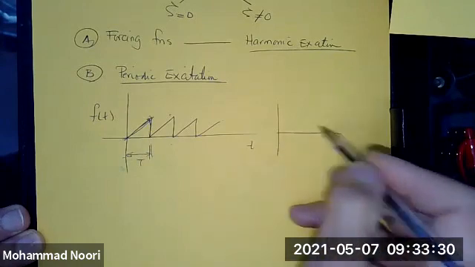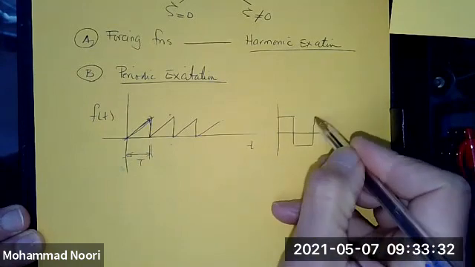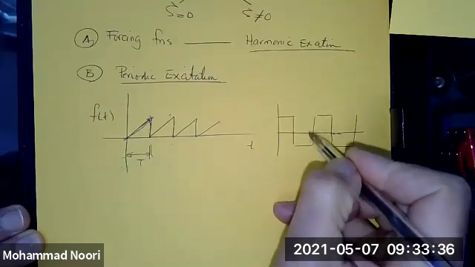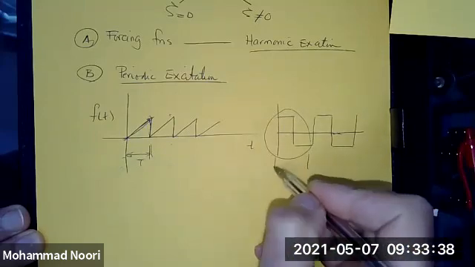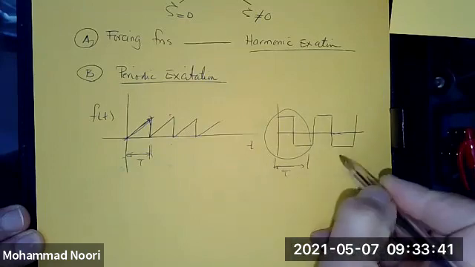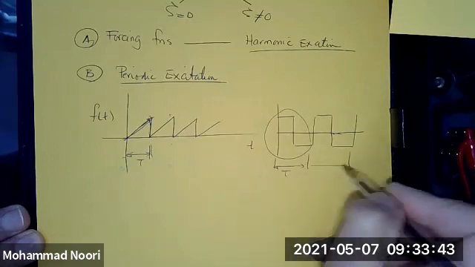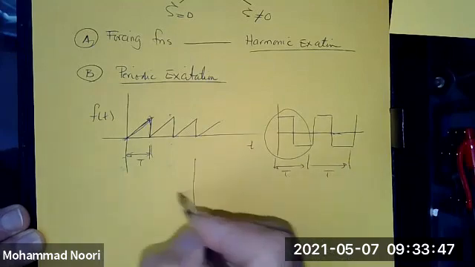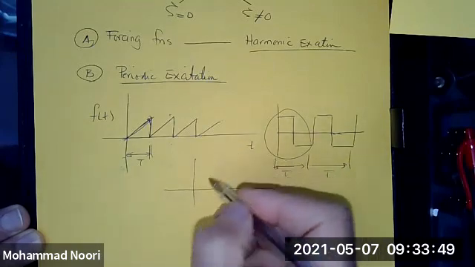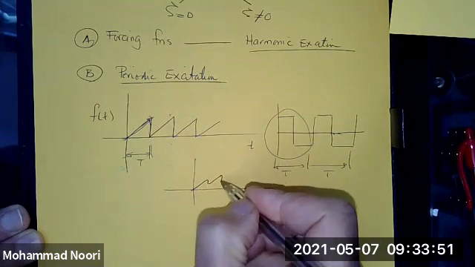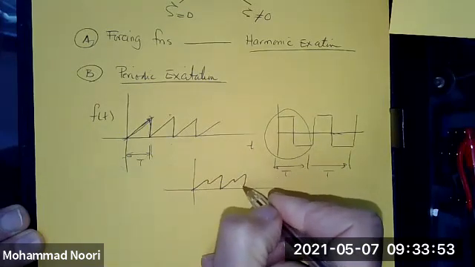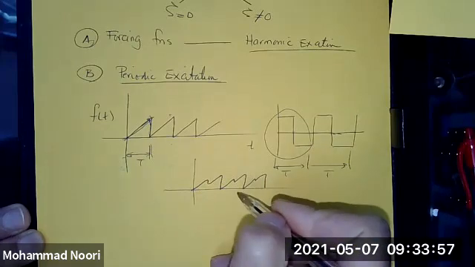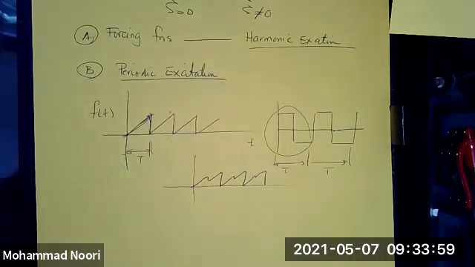Or you may have a function like this, which again repeats itself after each period. This is one period, right? But it is not harmonic. You may have a variety of shapes that are not harmonic, but they are periodic.